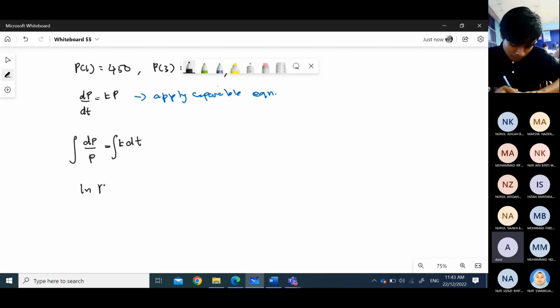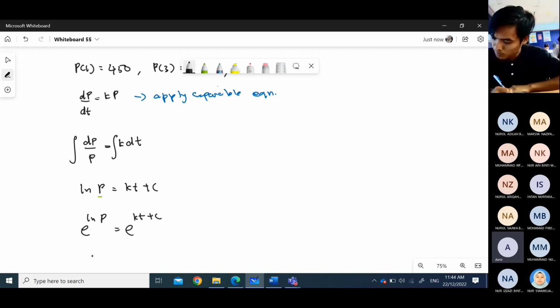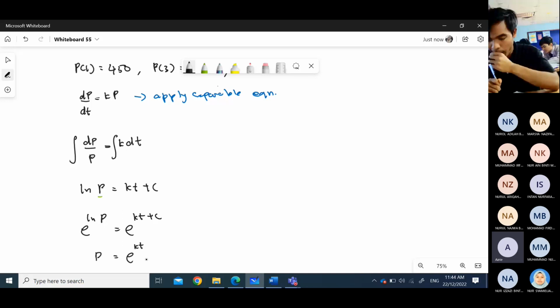Then we have natural log of P equivalent with kt plus C. Okay, so in order to get P, we need to take exponent left hand side and right hand side. Okay, so now we have P, which is equivalent with exponent kt. We simplify for this exponent, multiply with exponent of C. So since C is a constant, exponent of C is also constant.